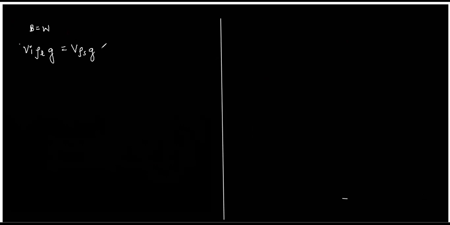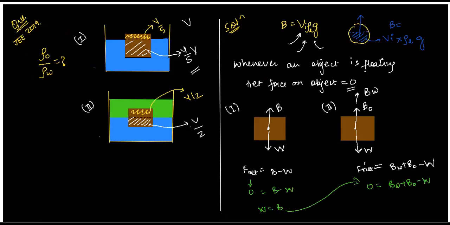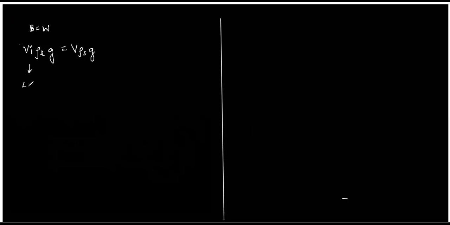Now, instead of volume inside, we'll take 4V by 5. So we have 4V by 5 as the immersed volume into density of liquid. G on both sides gets cancelled out, right? And the next step is V into rho S. Let's cancel out the V term also.